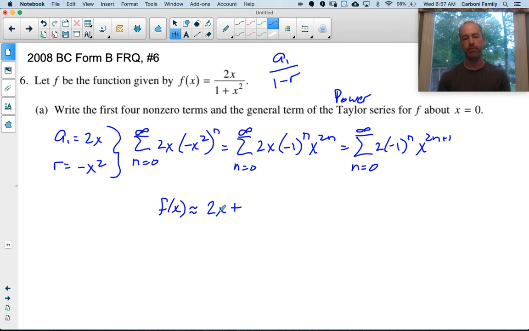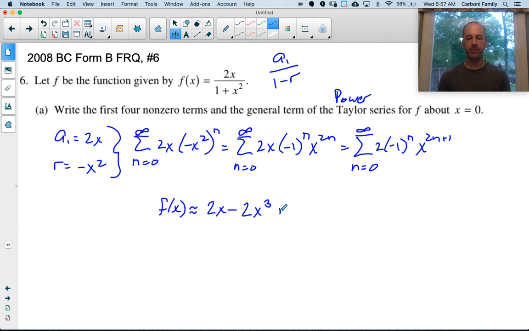My second term, plug in 1 for n, and I see that this is going to alternate, so I actually need to go back and erase that. My second term will be negative 2x cubed when you plug in 1 for n.